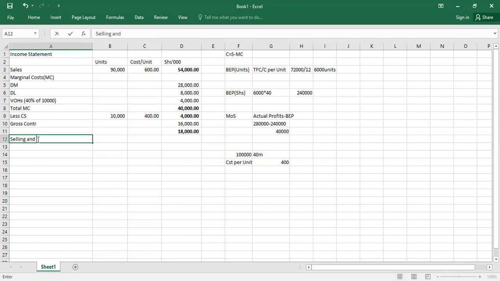So selling and administrative costs are 3 million, out of which 1.2 are fixed. So which are variable? 3 million minus 1.2 is 1.8.